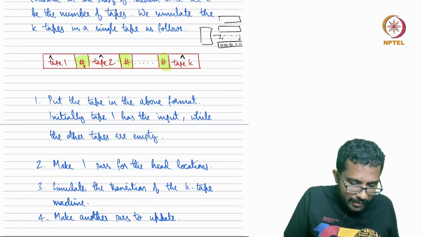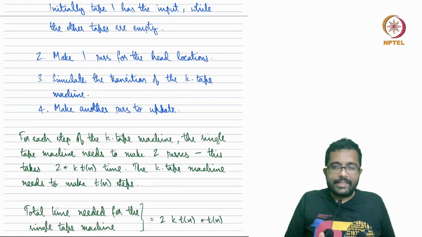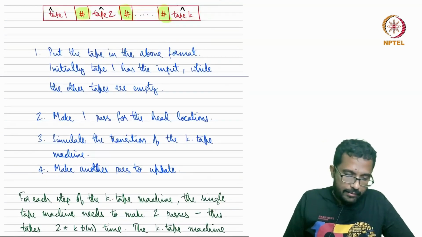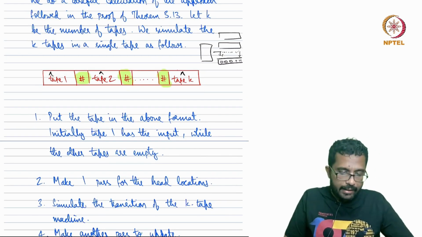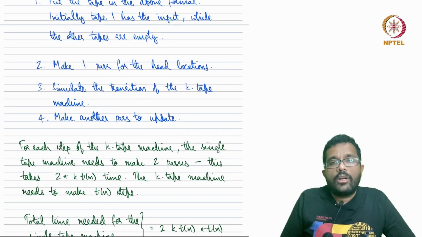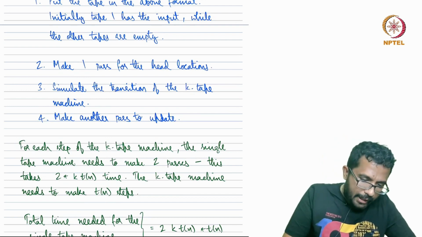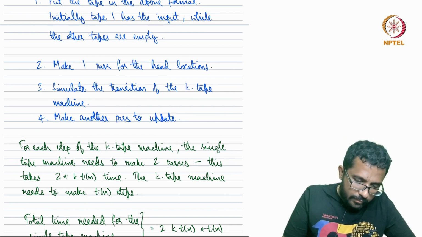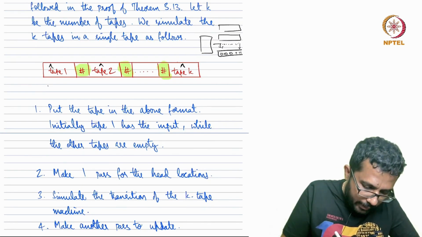But then we have all these hash symbols and they have k tapes. So roughly, let us say it takes k times t(n) space because of the k tapes. I am just ignoring the hash because it's not really going to contribute a significant amount. So this tape is k times t(n) long.